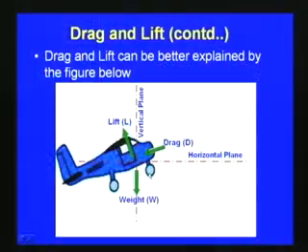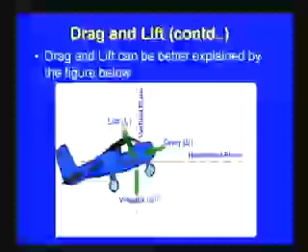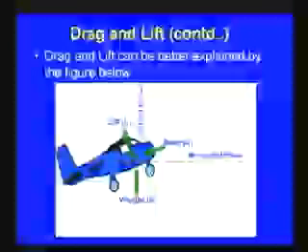Now, to further explain drag and lift, let us consider an aircraft like this. You can see in this slide that this aircraft is moving in this direction, and there will be drag and lift effects on it. The horizontal plane is like this and the vertical plane is here. With respect to the direction the aircraft is moving, wind will be coming on the aircraft, and drag will be in this direction, and lift will be normal to that, in this direction.